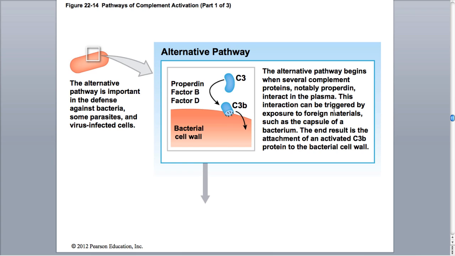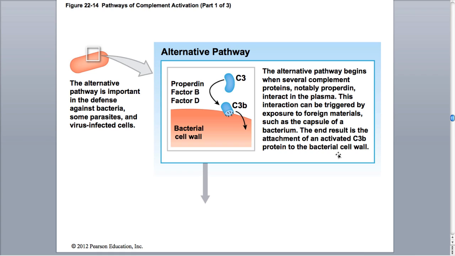This interaction can be triggered by exposure to foreign material such as the capsule of the bacteria. So this chemical, along with the exposure to chemicals coming off the cell, because the bacteria does have a cell wall and it has products, the end result is again what? The attachment of the C3b to the bacteria's cell wall.